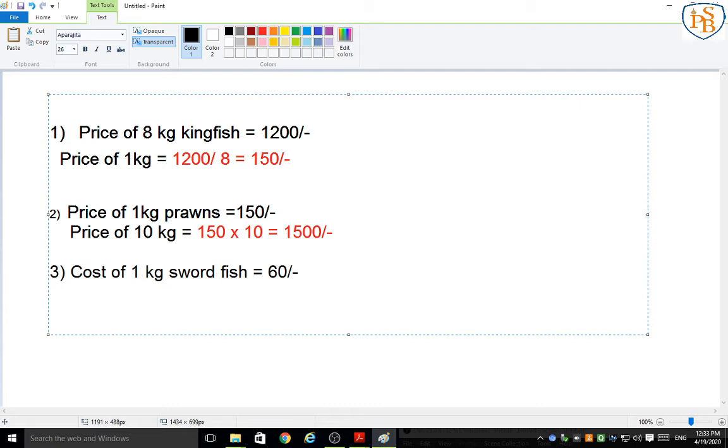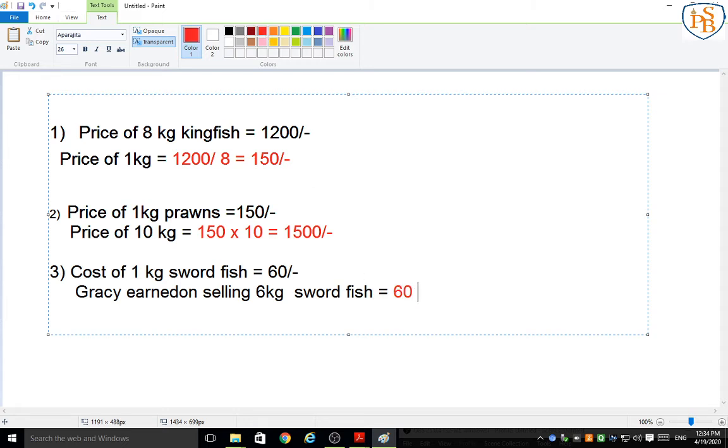So here we have to find out how much Gracie earned on selling 6 kg swordfish. How can you find? Yes, just simple multiplication.